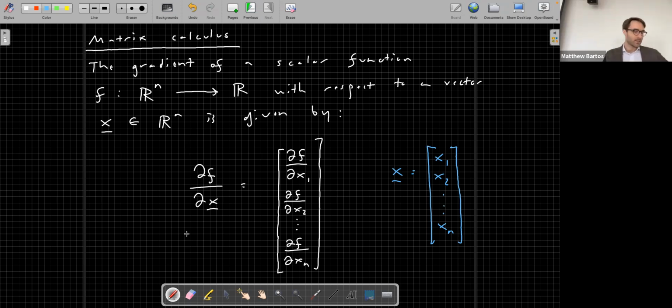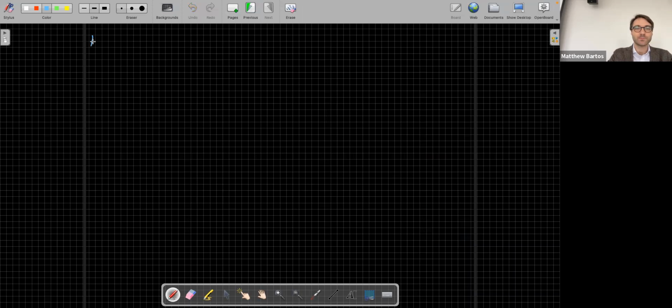All right, so let's do a quick example showing how we can take the gradient of a particular scalar function. So let's say we have the function f is equal to x transpose y, and we want to take the gradient of this scalar function with respect to x. So note that this is also equal to y transpose x.